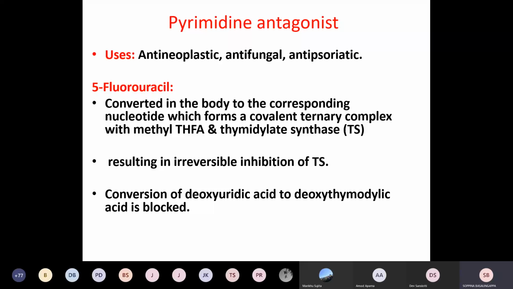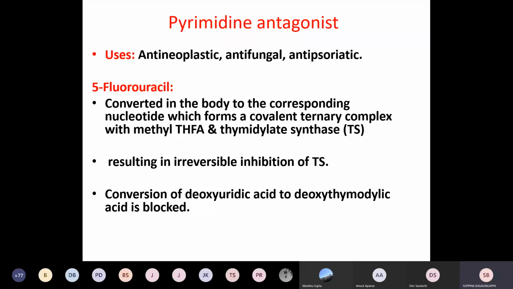This 5-fluorouracil is converted in the body to the corresponding nucleotide, which forms a covalent ternary complex with methylene THFA and thymidylate synthase, ultimately resulting in irreversible inhibition of thymidylate synthase.